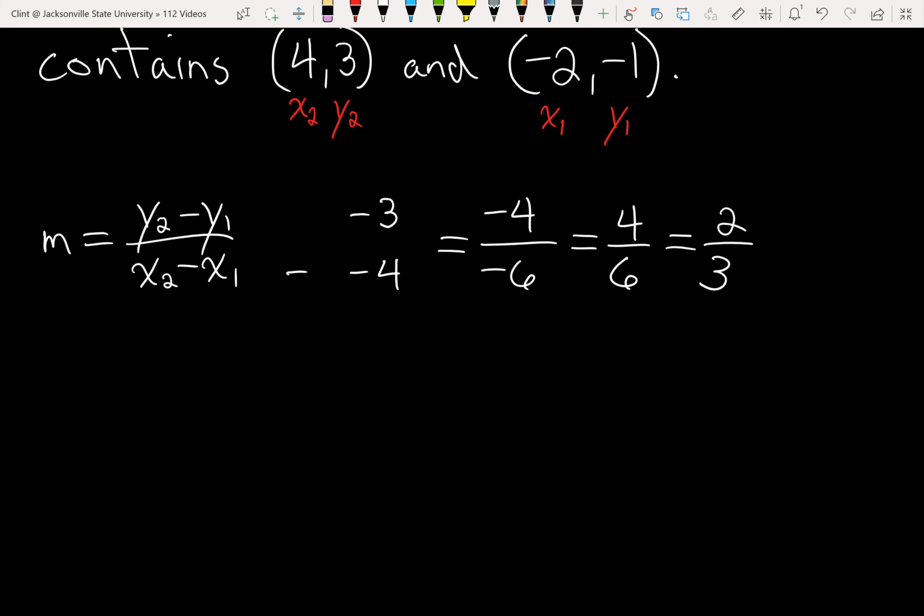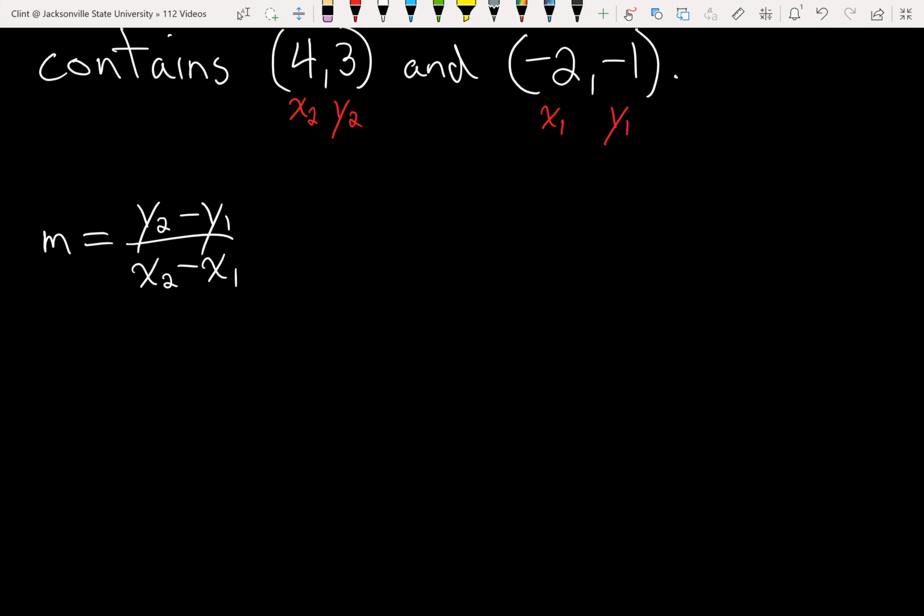If we do that, it's just going to switch the order, but I'm trying to make a point here about being careful with the signs. So here y2 is 3, and it says minus y1, but y1 is -1, so you have to be careful with the signs there. And x2 is 4 minus a -2 for x1.